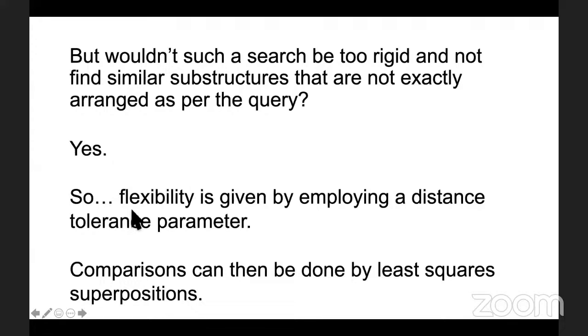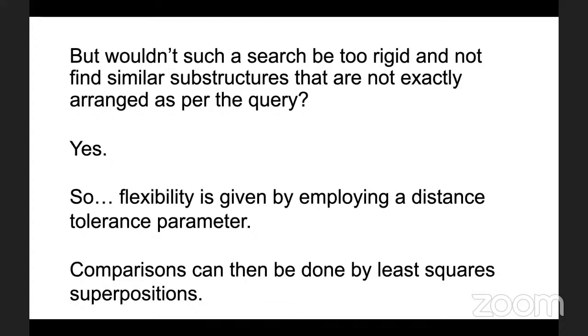So we introduce flexibility by employing a distance tolerance parameter. Okay, so let's say 3.6 angstroms just now for that distance between the ES of the aspartic acid and the histidine. By employing a distance tolerance parameter, you've got a sort of a sliding window.